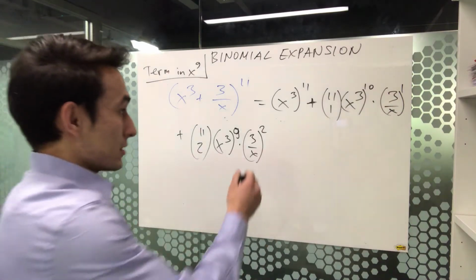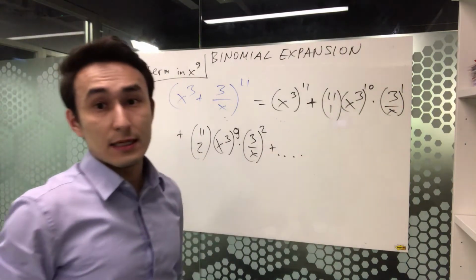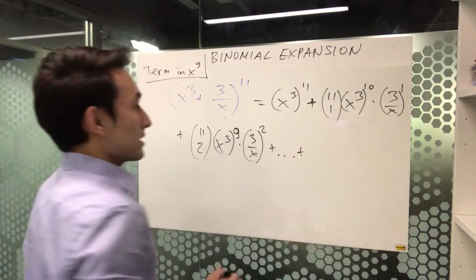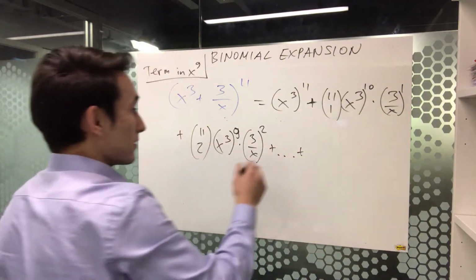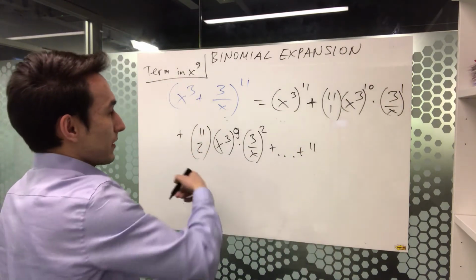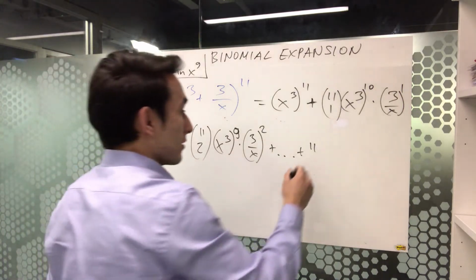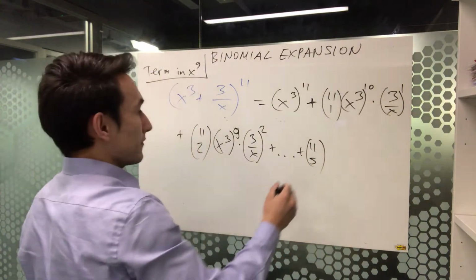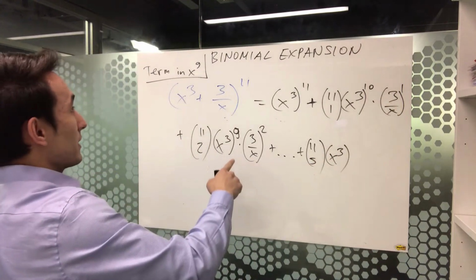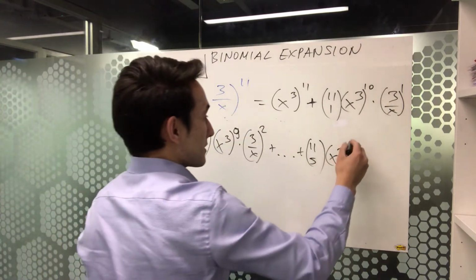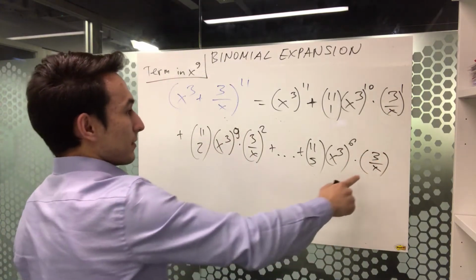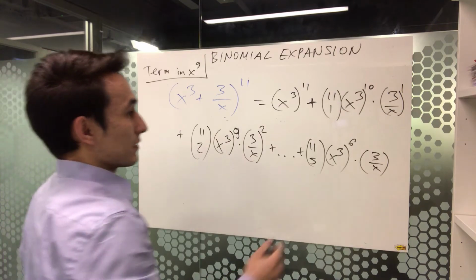And then you will go through lots of terms here, and eventually come to the term which is somewhere in the middle. You'll find the term with 11 choose something. Let's just keep going. I'll skip a few terms. I'll write 5 here: 11 choose 5, (x cubed) to the power of 6 is 11 minus 5, and 3 over x to the power of 5.